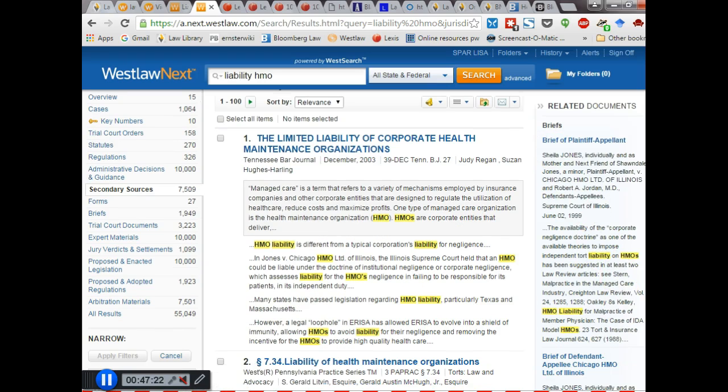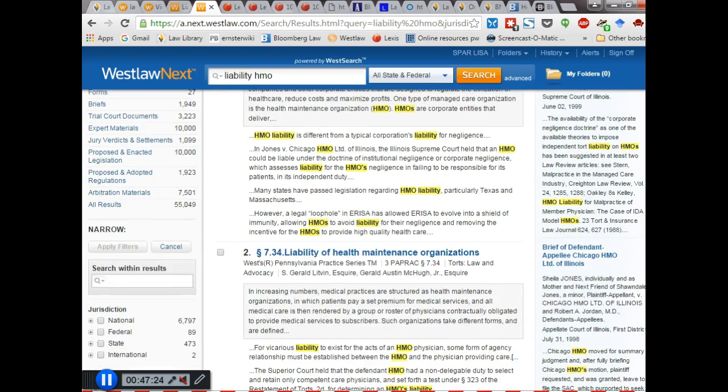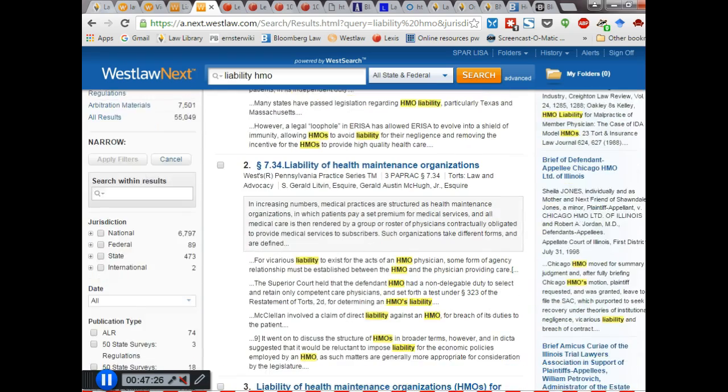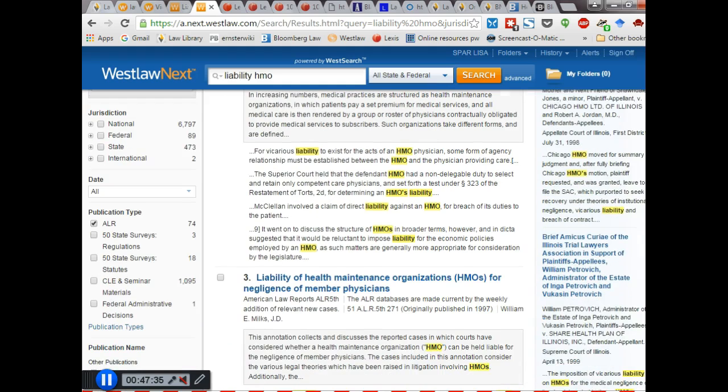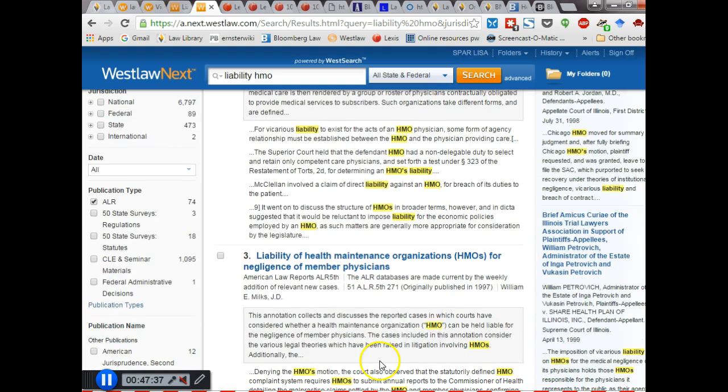So here in secondary sources, again, I take a quick look, but typically I would narrow it a little bit. On Westlaw, I divide it up a little bit differently. So if I'm interested in ALR, I would check off ALR. This lists some of the publication types.